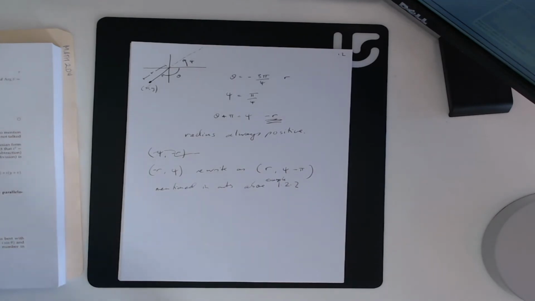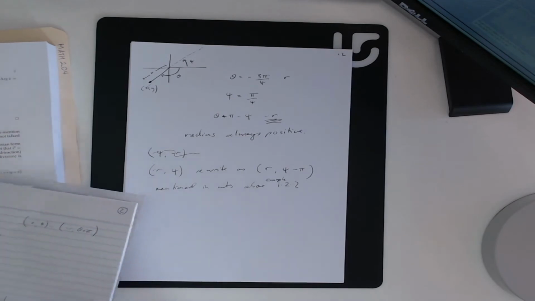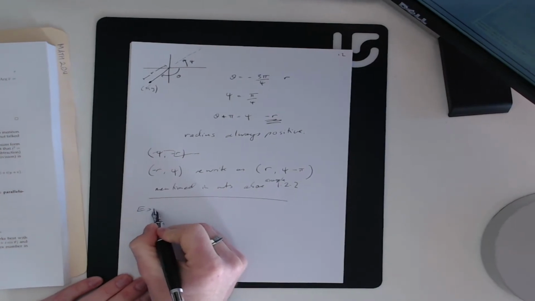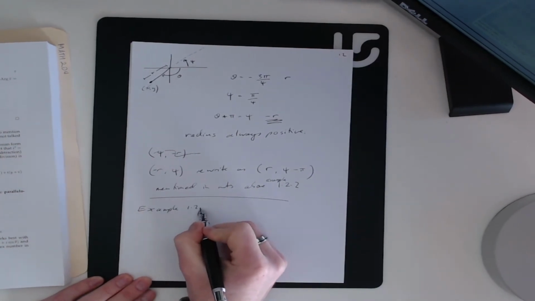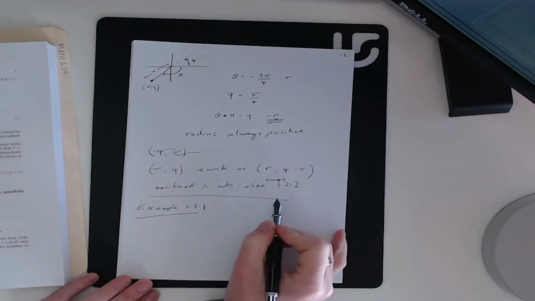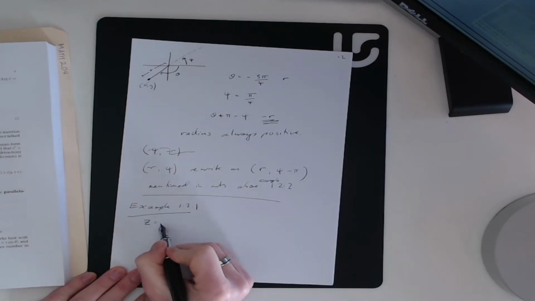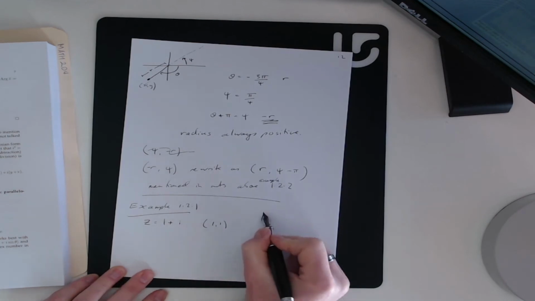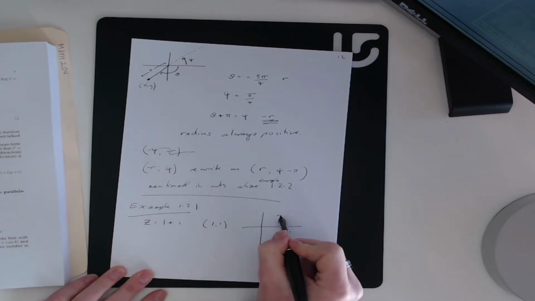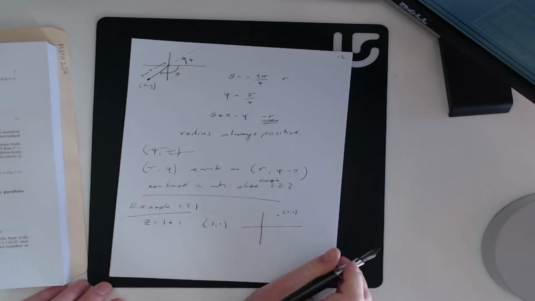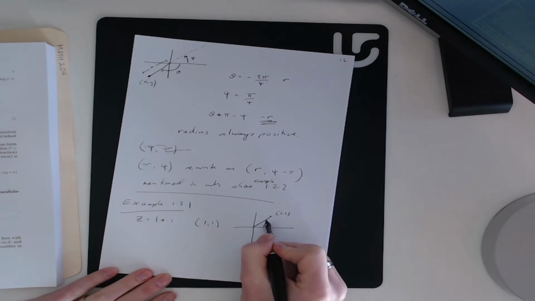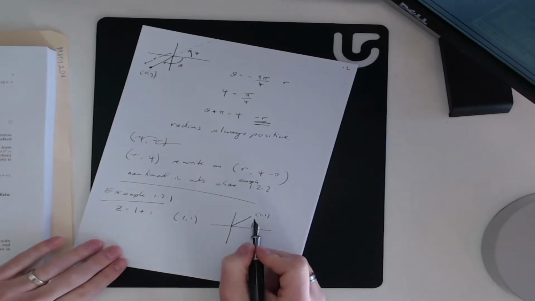Okay, so some examples. All right, we are going to start with the number z equal to 1 plus i, so that corresponds to 1, 1. We know what the length of this is because hopefully you've seen this before.